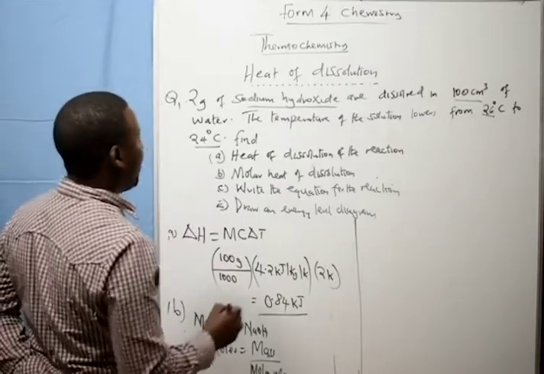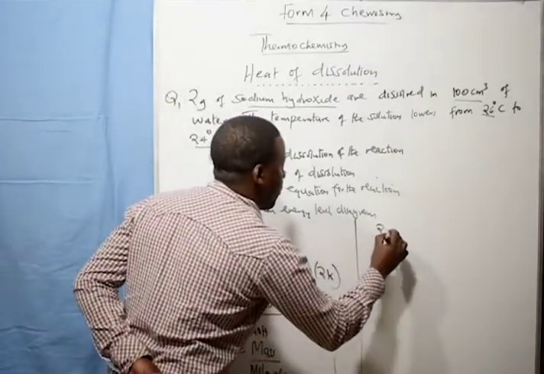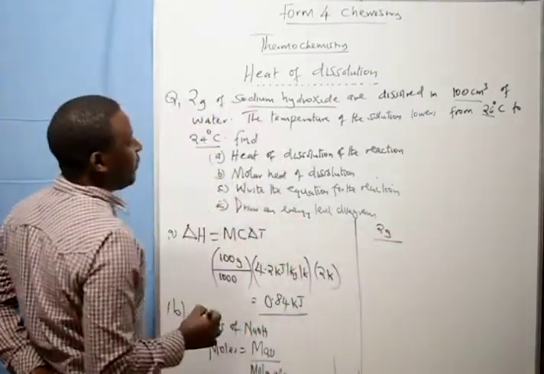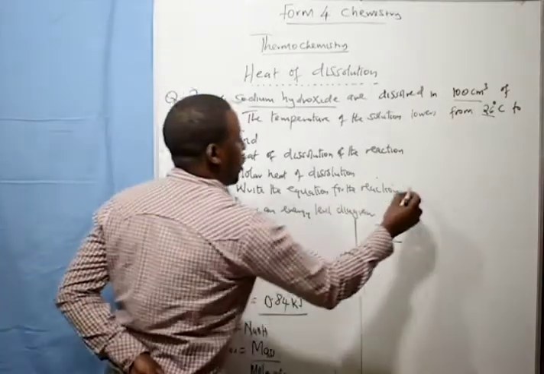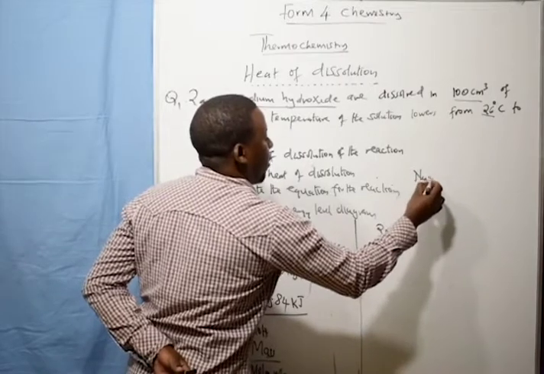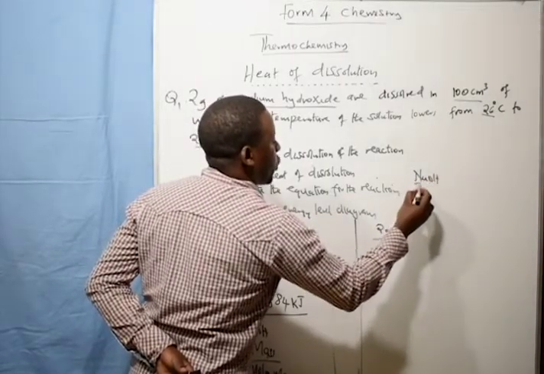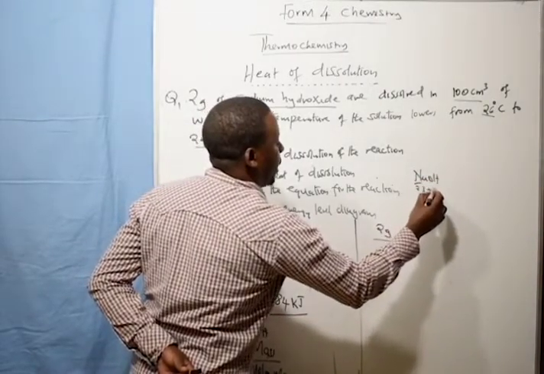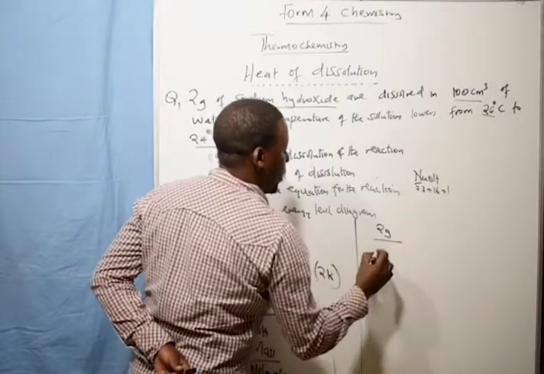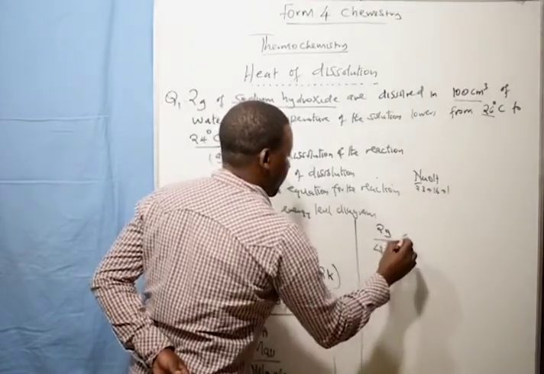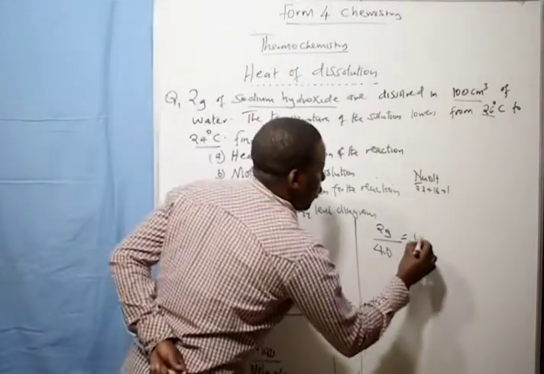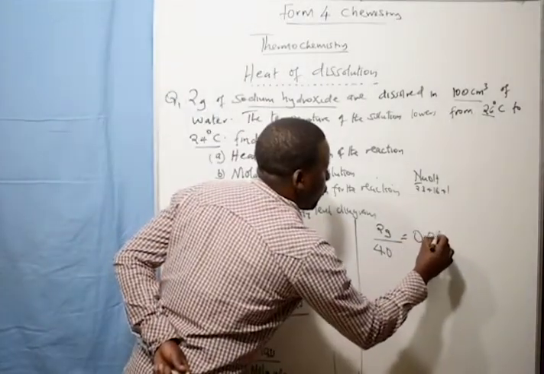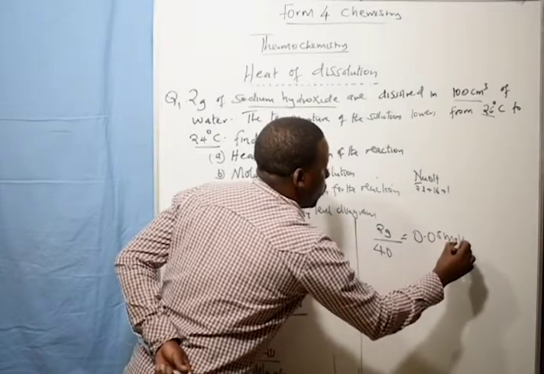Now our mass given is 2 grams. The molar mass of sodium hydroxide is 23 plus 16 plus 1, that comes to 40. The moles are 0.05 moles.